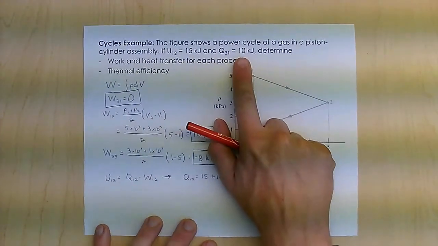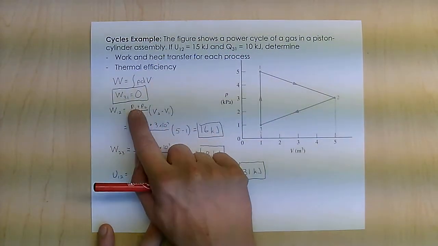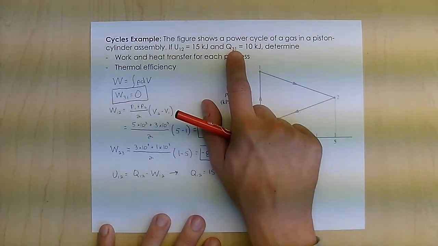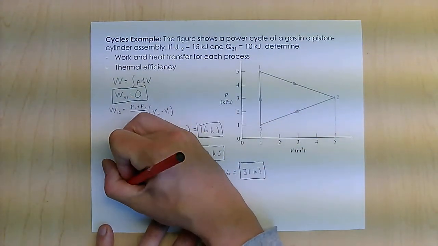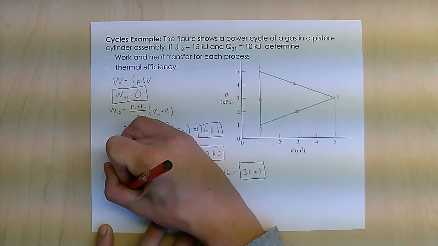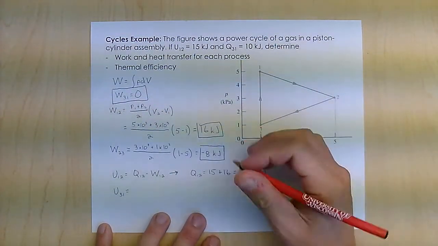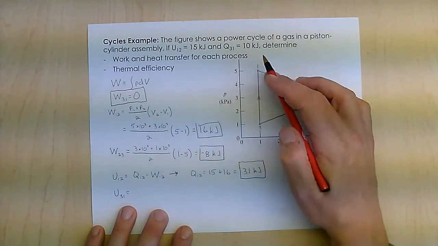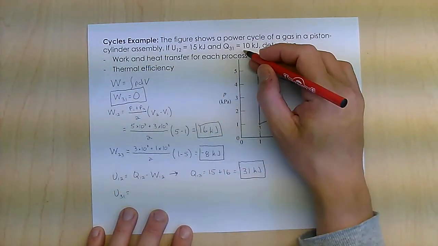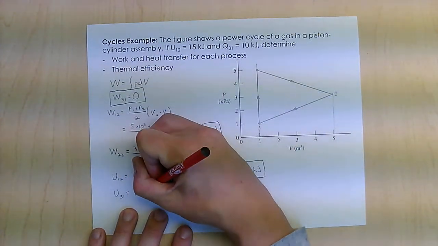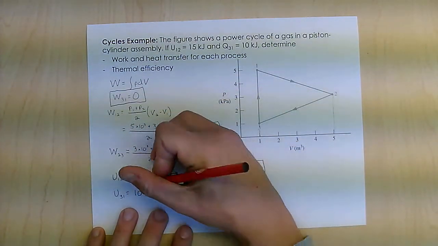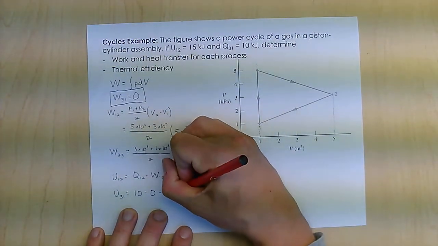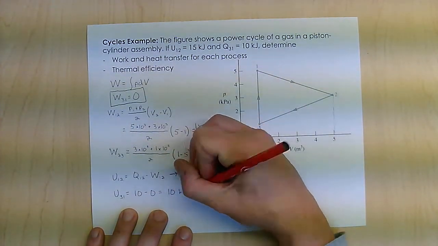The other thing I know is 3 to 1. I know the work here, and I know the heat transfer. So let me start with that one, and I'll calculate U3 to 1, and I'll show you how that's going to help me find the last one. That's 10 minus 0 equals 10 kilojoules.